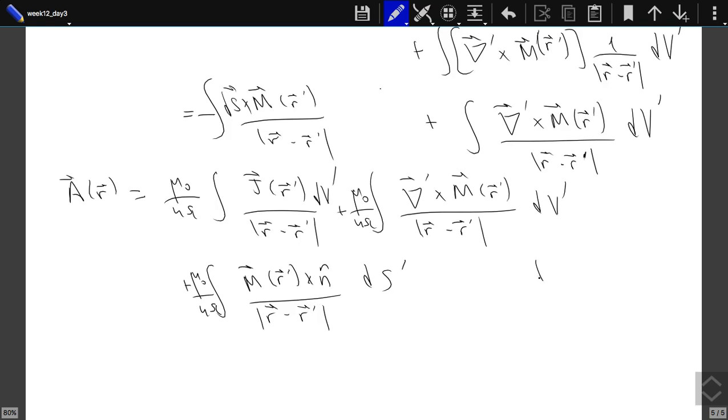Well, here in this last term, I just substituted dA is equal to n, the normal vector. The area vector is in the direction of the normal vector, multiplied with ds, the magnitude.